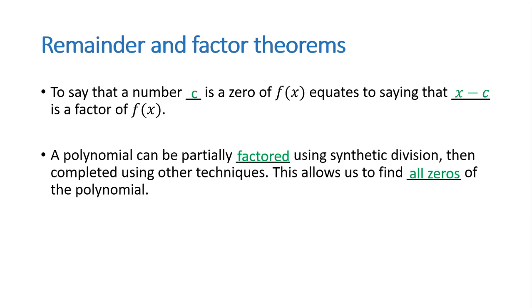So the reason we need this is because we have techniques to factor quadratics. We even have some techniques to factor special cases when we have a highest exponent of 3. But for anything above that, we don't really have any formulas we can use to factor. We don't have the quadratic formula. We don't have standard factoring procedures. This is really best case. All we can really do is see if things divide into our polynomial, and maybe we get lucky.